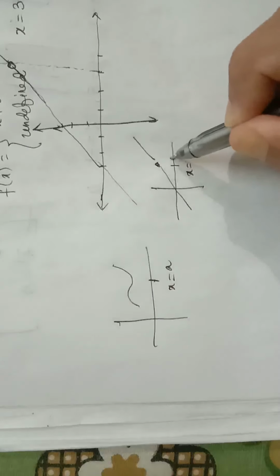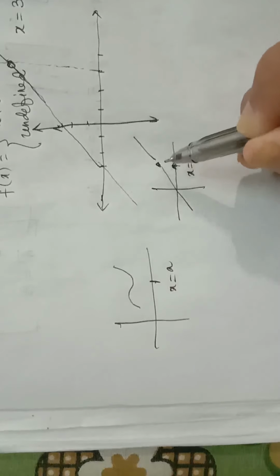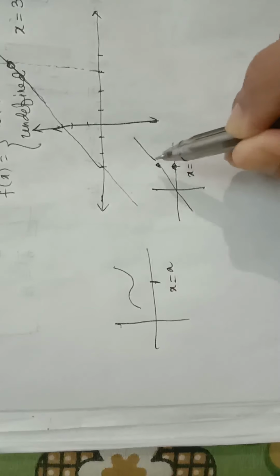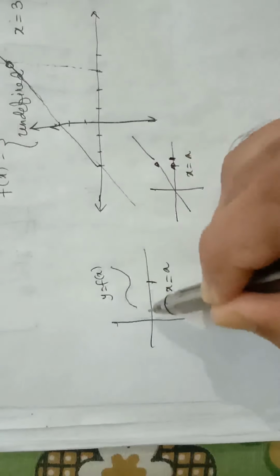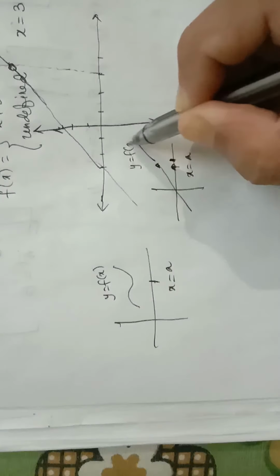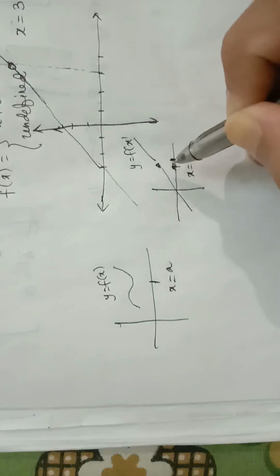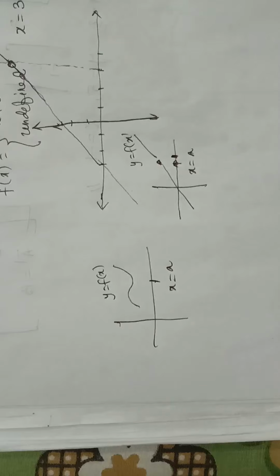We say at x equal to a, there is a break in the curve, so f(x) is not continuous. If we consider this as the graph of y equal to f(x), here f(x) is continuous at x equal to a, here f(x) is not continuous at x equal to a. So that's why we will use continuity to check whether a given function is continuous at a particular point or not, whether there is a break in the curve or not.